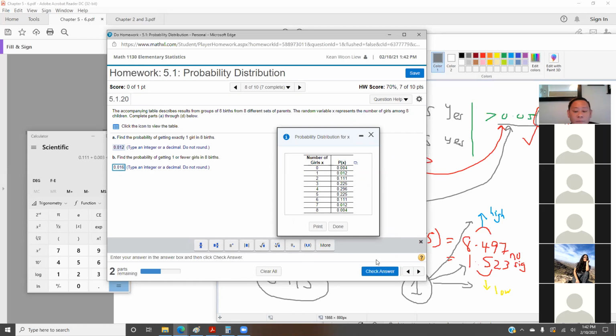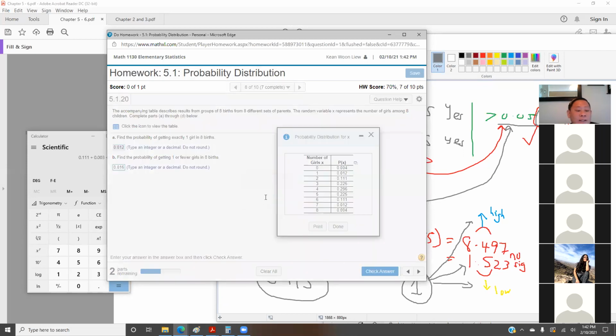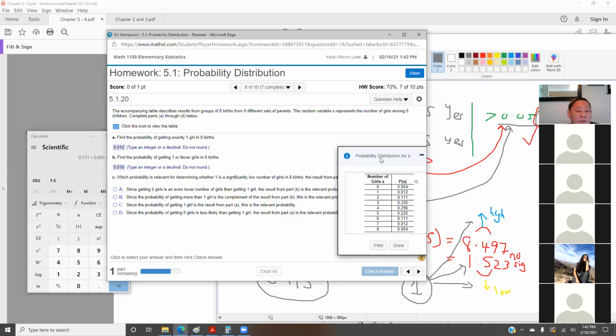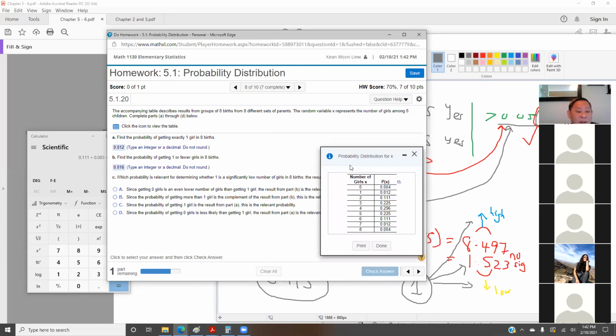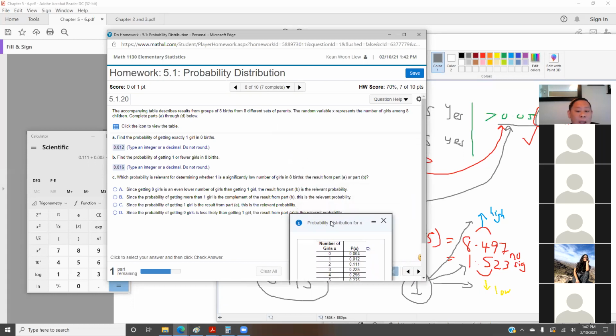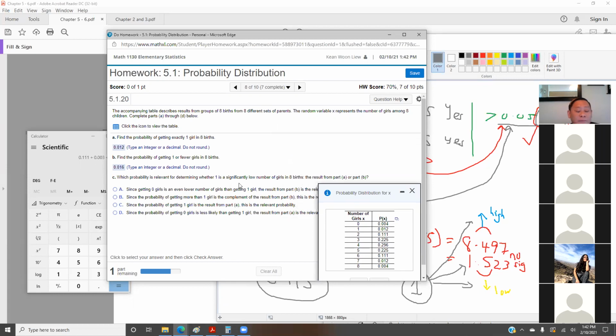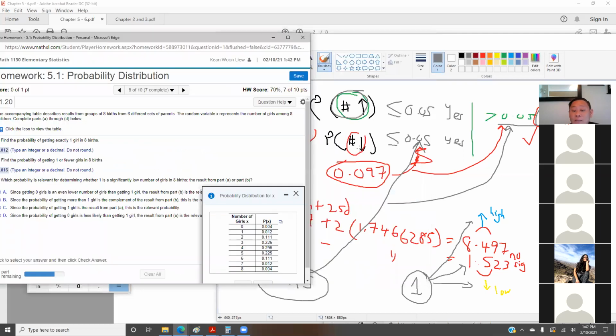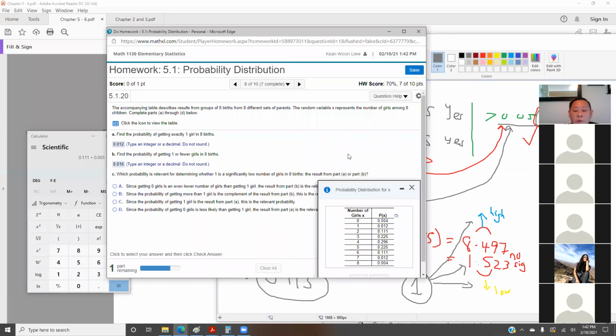Okay. So the question now is asking, which one do you pick to figure out if it is significantly low, A or B? Again, for significantly low, you have to find that number or less. So which one do you pick here?